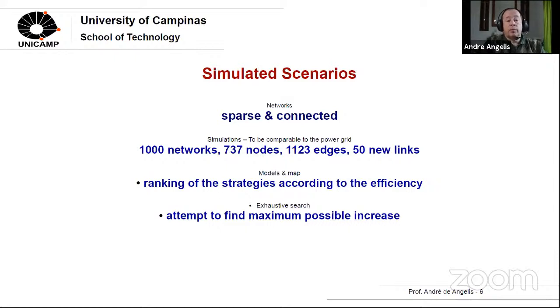For our experiments, we added 50 new edges in each network. For the models and the map, we ranked all the strategies according to the efficiency gains. For the exhaustive search, we attempted to find the maximum possible increase.